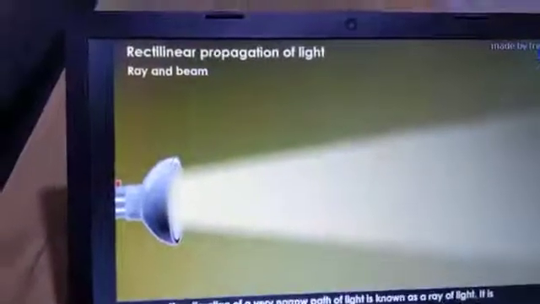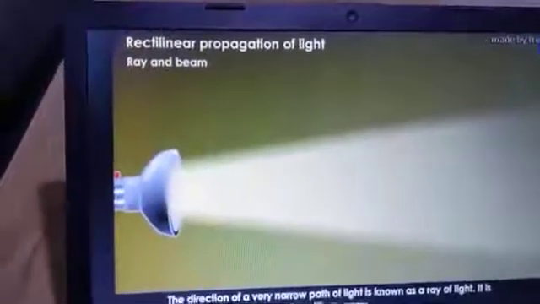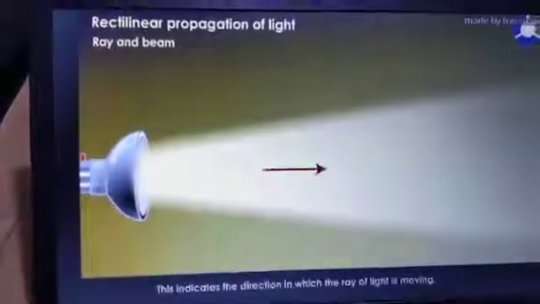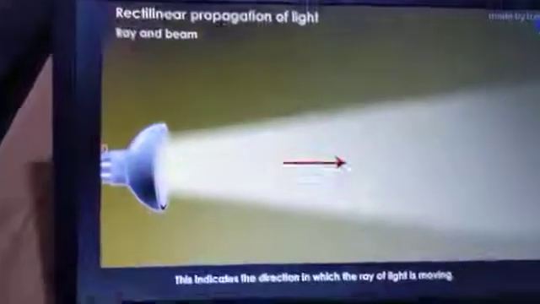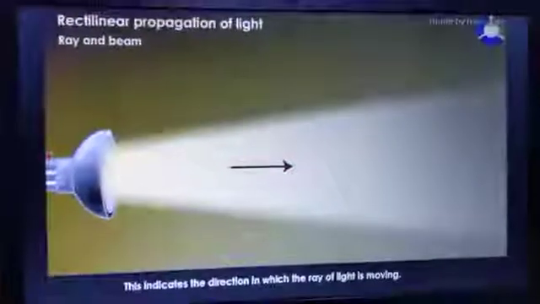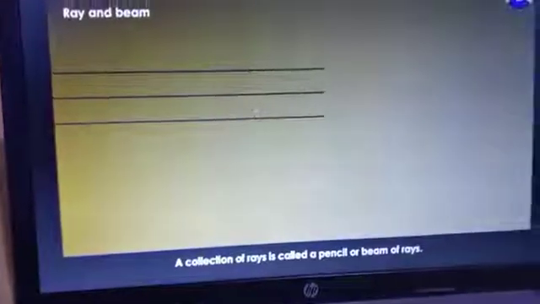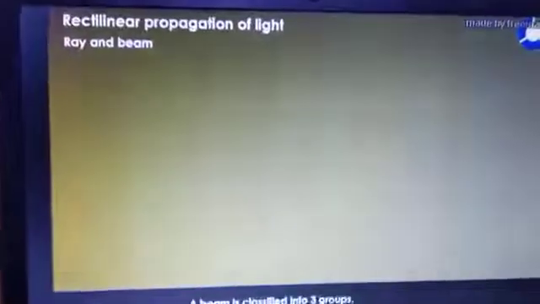You can see here rectilinear propagation of light. This is a ray, which demonstrates the direction of the light, how it moves. Now again you see here this light is coming here. These three light rays are traveling parallel to each other.